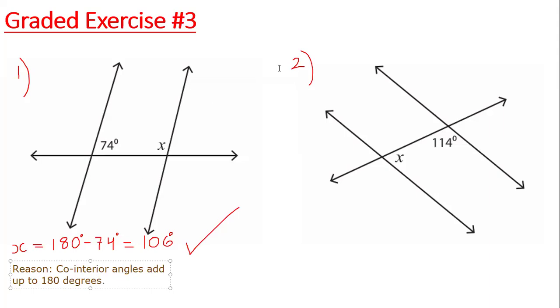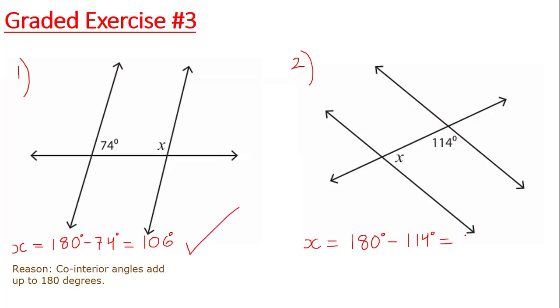Okay, next. So we have x equals 180 degrees minus 114 degrees, which equals 66 degrees.